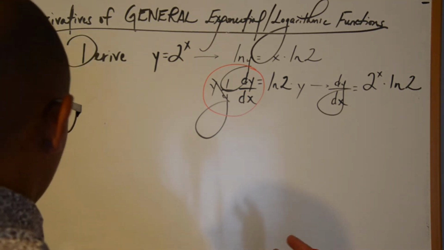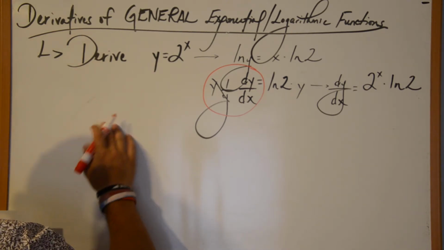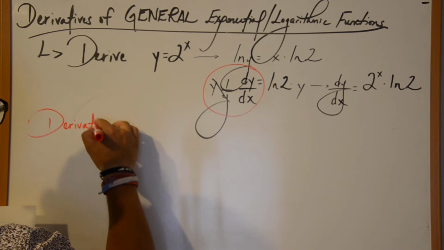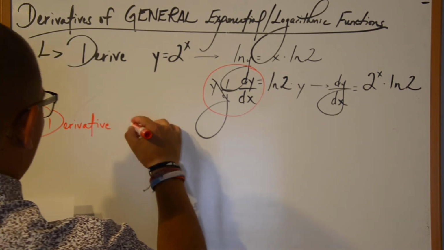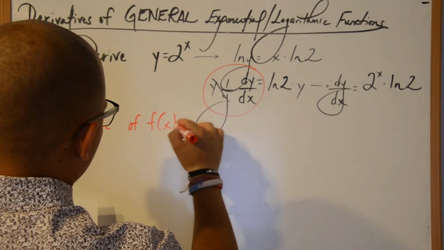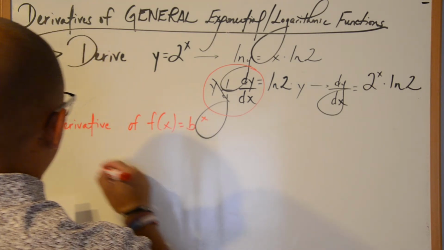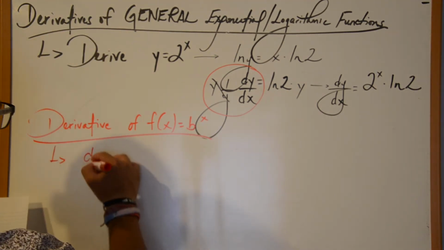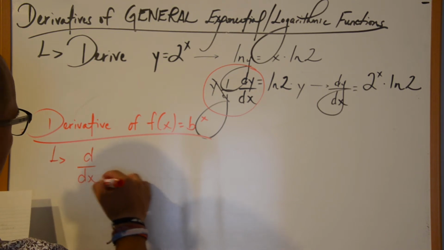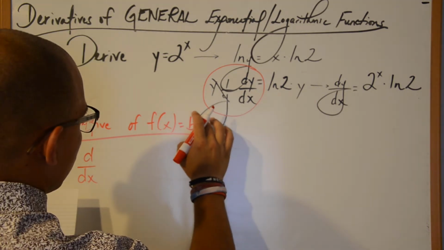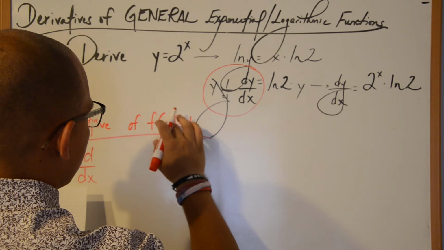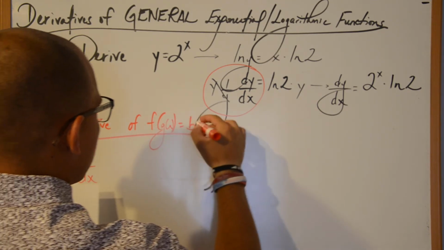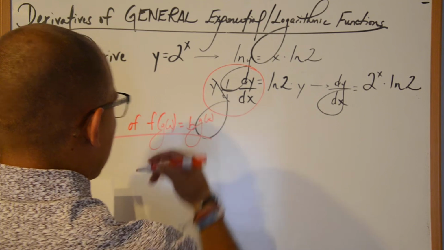But let's now write down the derivative of a general exponential function. I'm actually going to change this altogether. I'm going to call this, instead of x, g of x, right?